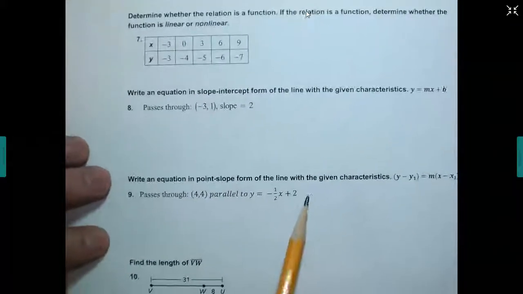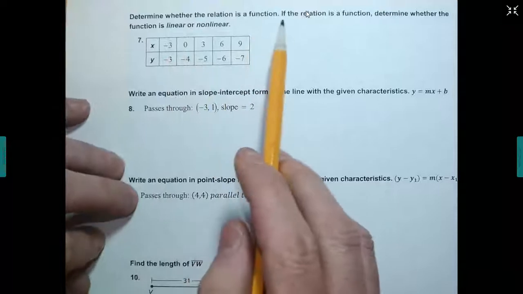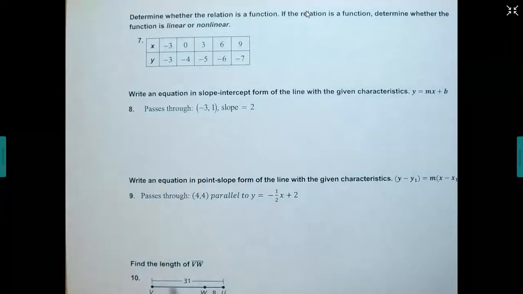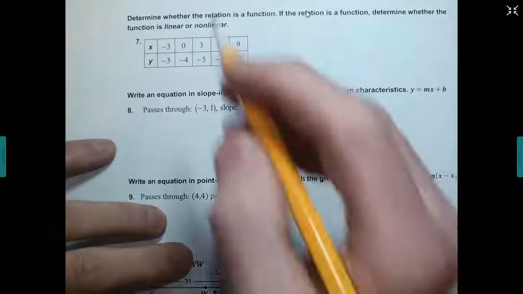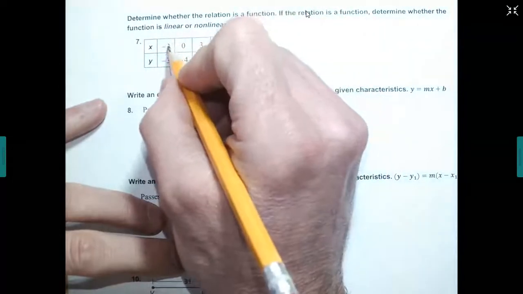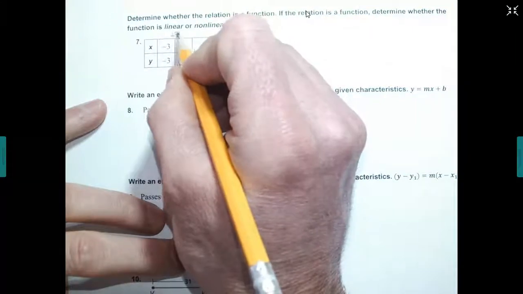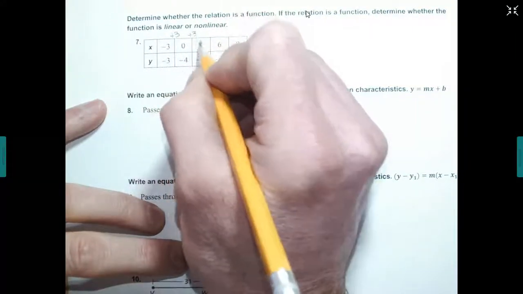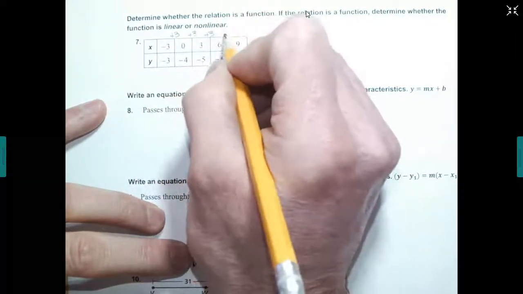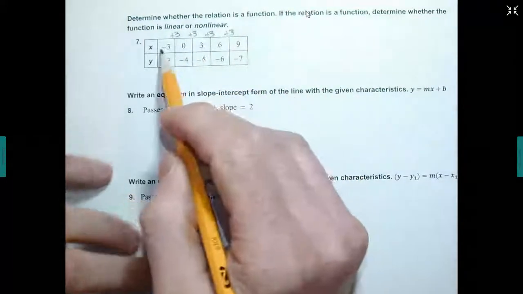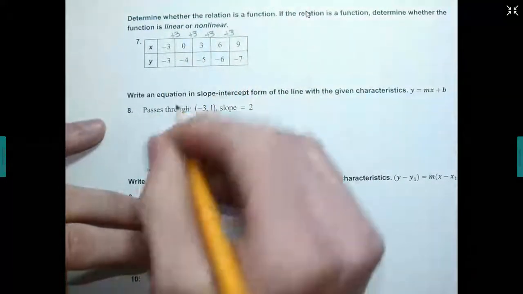Number 7, determine whether the relation is a function. If the relation is a function, determine whether the function is linear or nonlinear. So let's check. The difference from negative 3 to 0 is plus 3. It's plus 3, plus 3, plus 3. So we have a consistent change in x's.